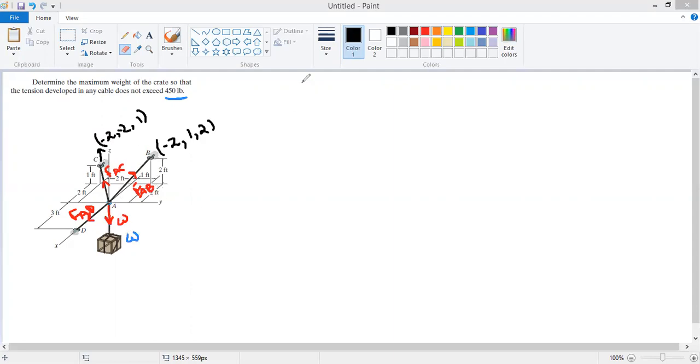We know the equilibrium equation says that the summation of all the forces should be equal to 0.